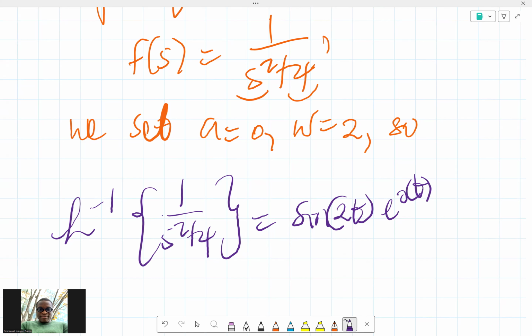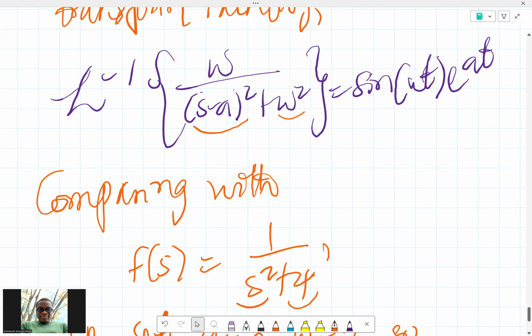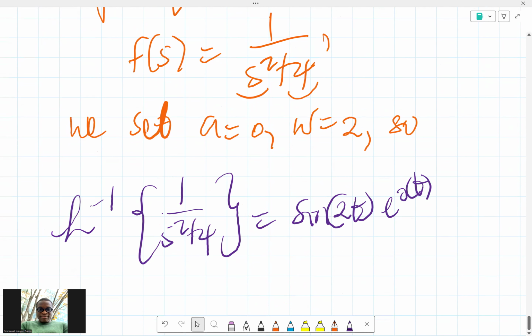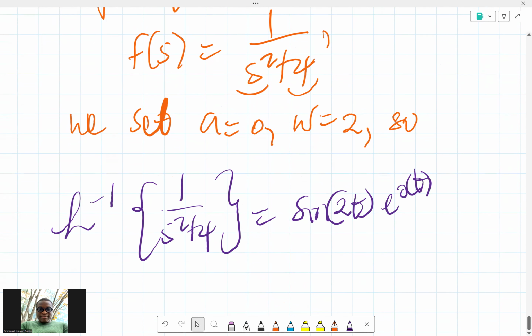Okay, adjusting the numerator, omega squared is 4. Yeah, so omega is 2. So L inverse of 1 over s squared plus 4.